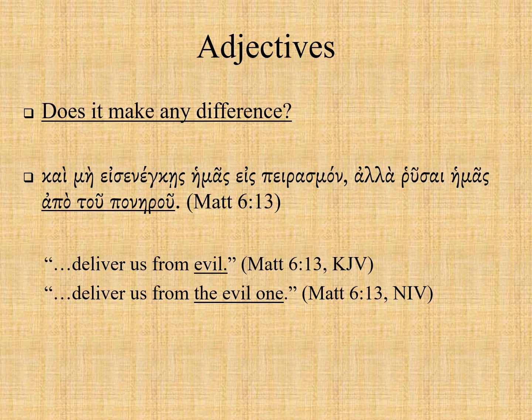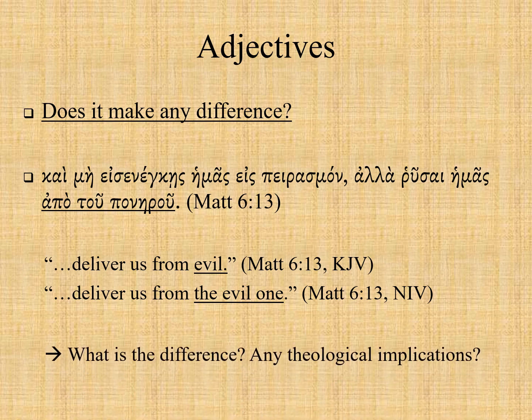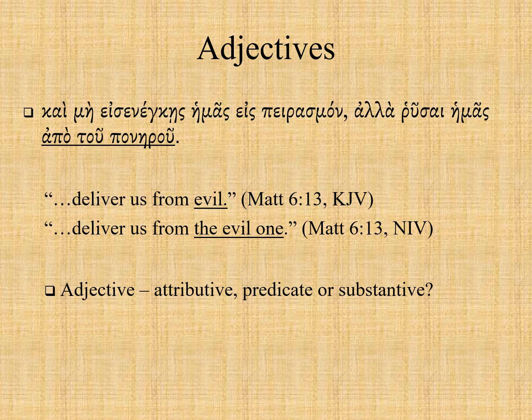If you look at the different English translations, KJV has deliver us from evil, and NIV and most other translations would have deliver us from the evil one. Now, what's the difference? Is there a difference? Is there any theological implication that arises from this? So the question here would be, is KJV or NIV correct? And if so, one of them, why and what difference does it make?